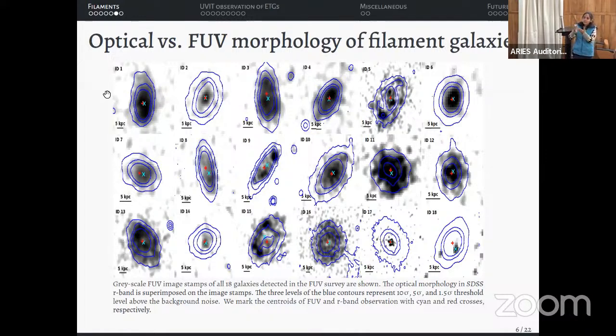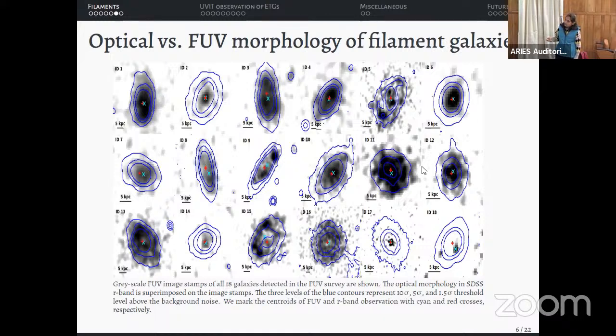In cluster galaxies, sometimes you see a misalignment of quite some degrees. Also, for some galaxies, I see that the FUV emission is leaking out of their optical contours, which signifies some gas accretion activity in filaments.